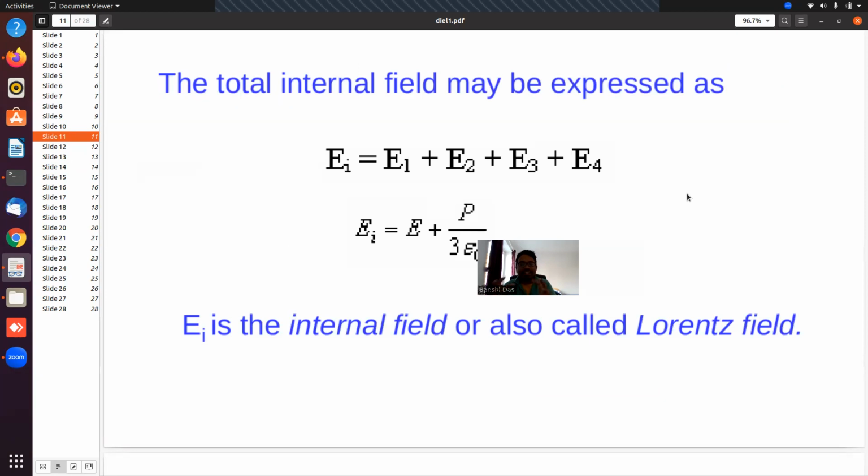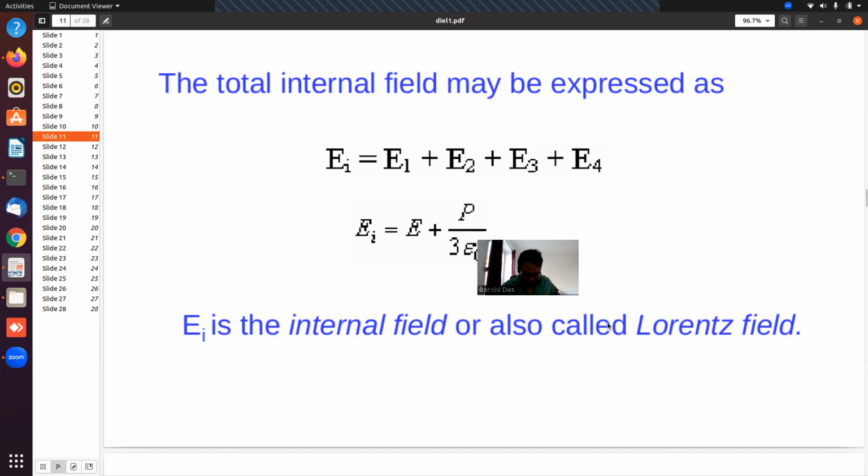So the total internal electric field is the summation of all the fields. The total internal electric field is this external field plus the local field. This internal electric field is called the Lorentz field.